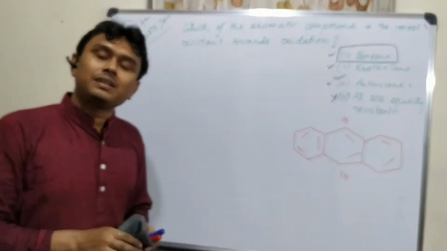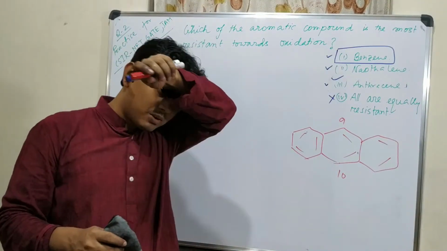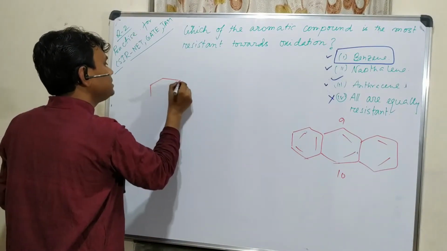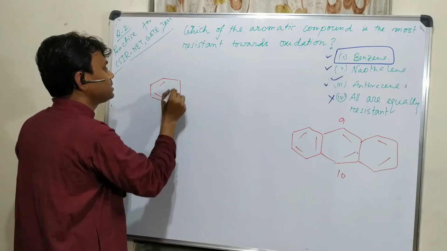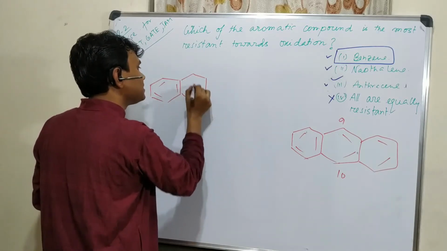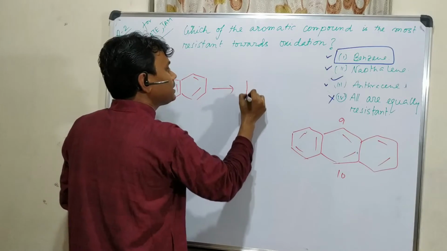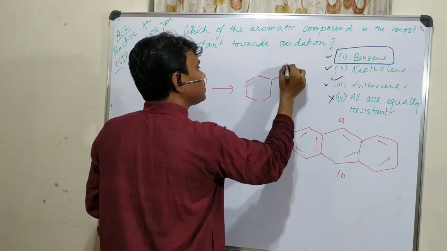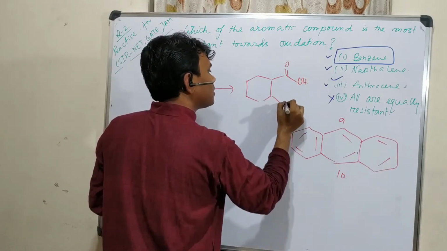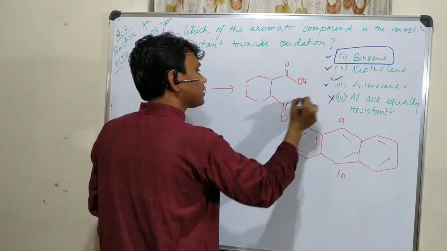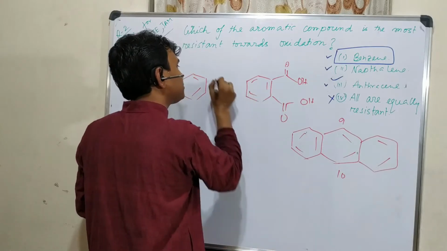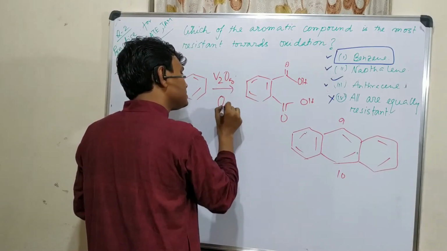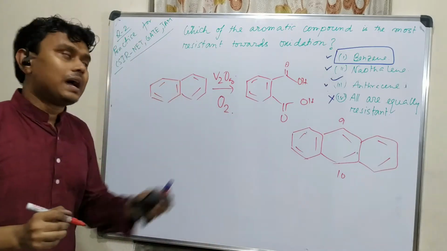Now, a real practical application or proof of this concept. For example, naphthalene is industrially oxidized to prepare phthalic acid. For that purpose they use V2O5 as a catalyst and oxygen as an oxidant, and this is produced.